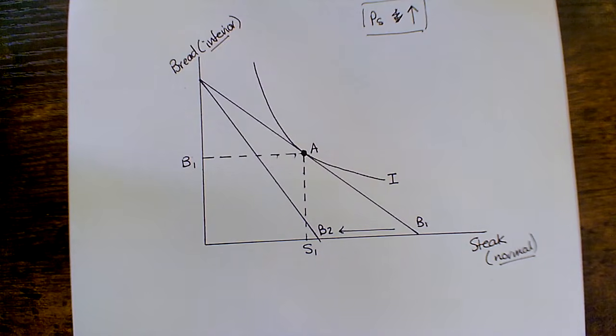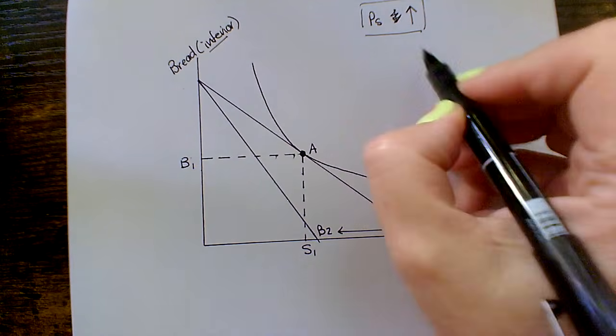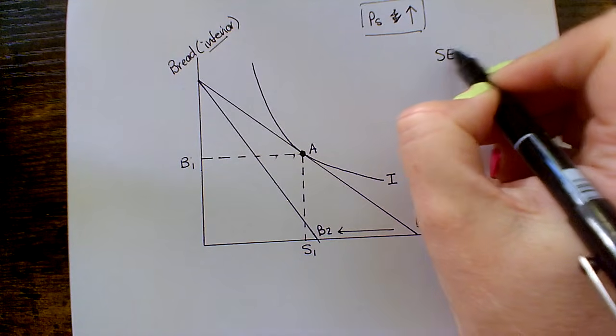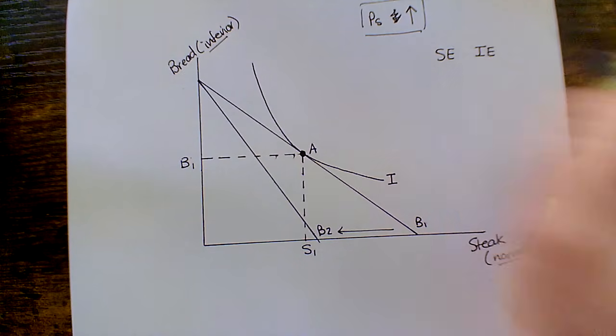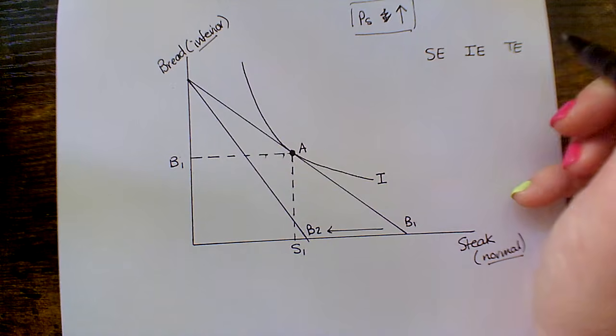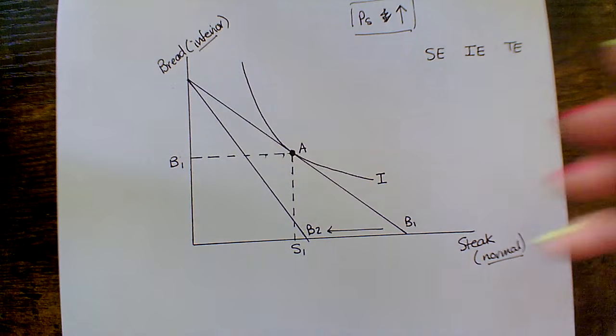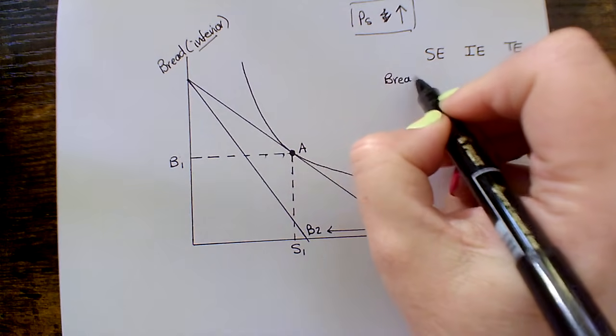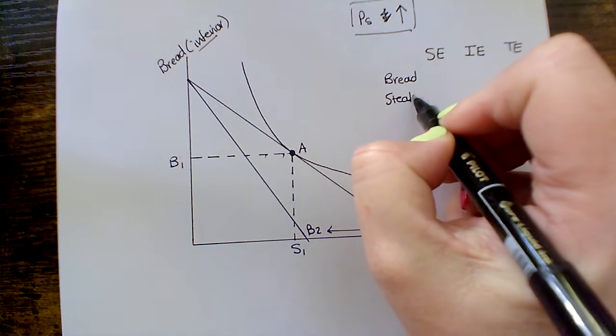So I'm going to pause for a second and reason through the substitution effect and the income effect of these two products, and then what I would propose the total effect should end up looking like. So we have bread and we have steak.